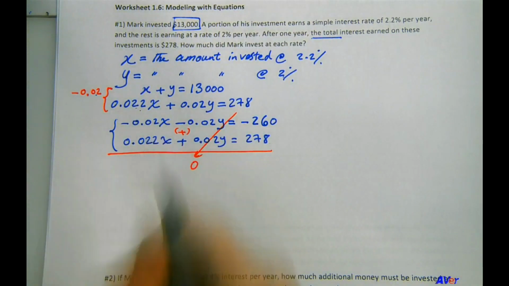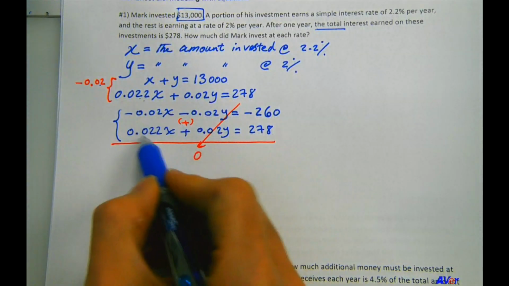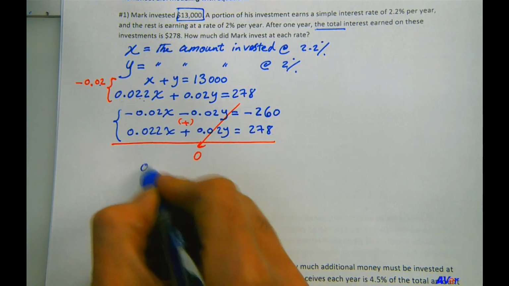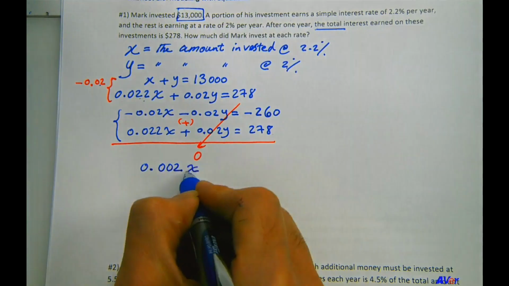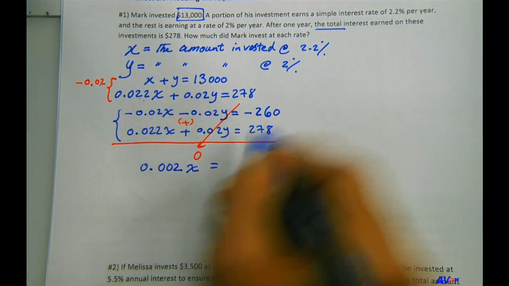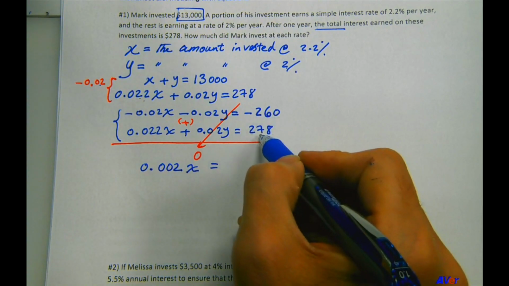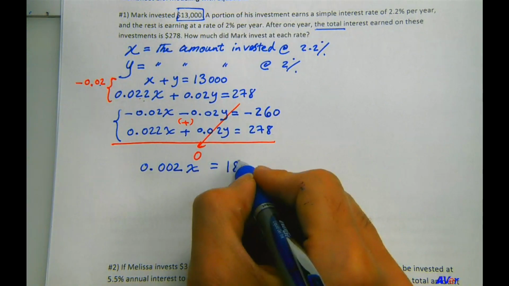We end up with, now minus 0.02x plus 0.022x, we end up with positive 0.002x on the left equals minus 260 plus 278, we end up with positive 18.